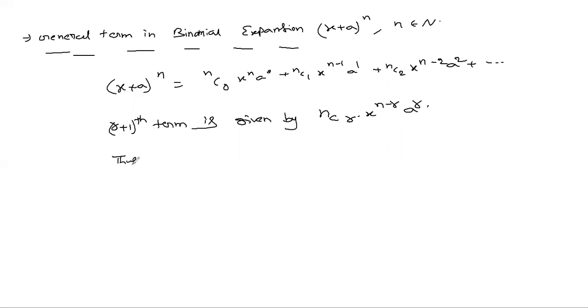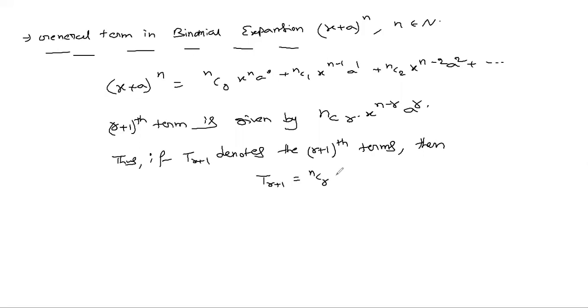Thus, if T(r+1) denotes the (r + 1)th term in the binomial expansion, then we can write T(r+1) = nCr x^(n-r) a^r.